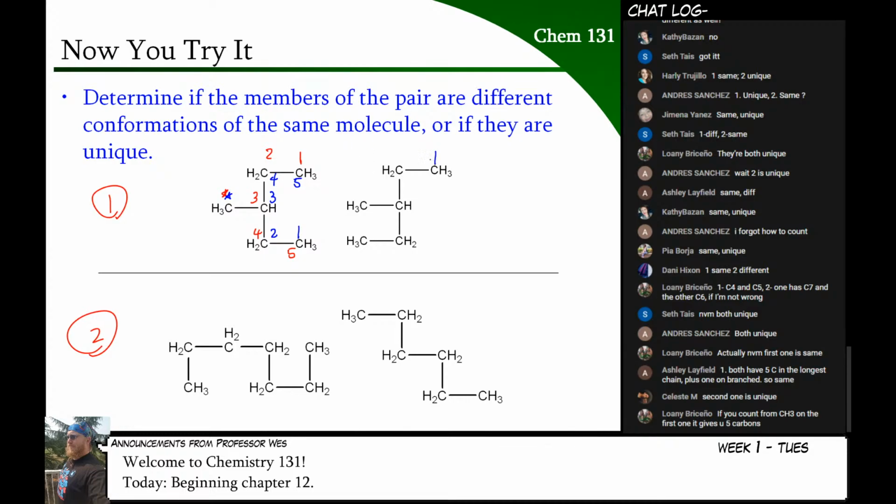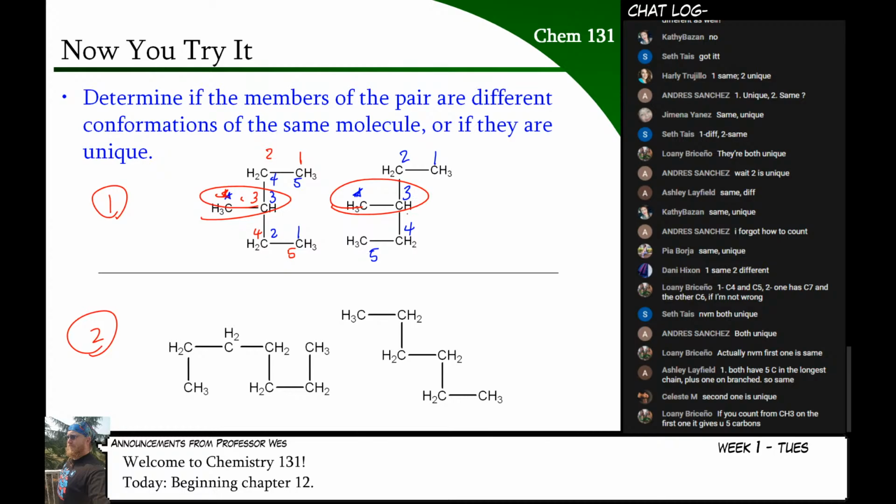So now I'm going to go 1, 2, 3. I don't know what happened there. I said 1, 2, and I wrote 1, 1. 1, 2, 3, 4, 5, with a star next to the branch. And you can already tell that, oh, in every way that we've done this, the branch occurs on number 3.